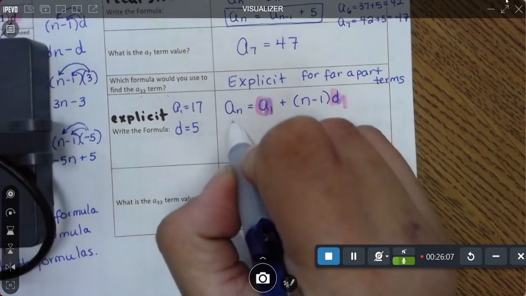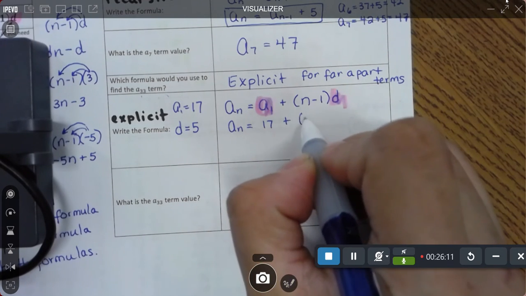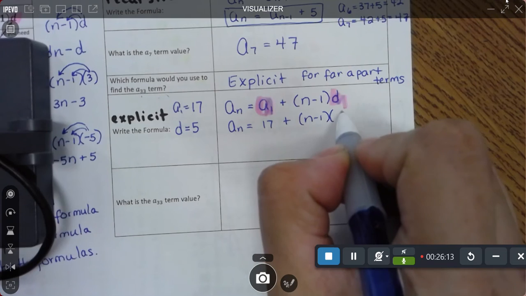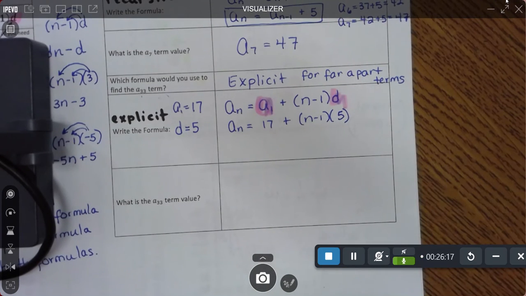And then I'm going to do some cleaning up. Notice how I put my 5 in parentheses? It's a little bit easier to not make mistakes when you have a negative number, okay?